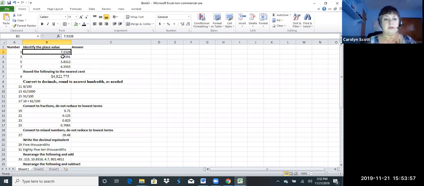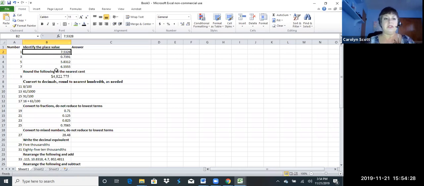Everything to the right of the decimal would be tenths, hundredths, thousandths, ten-thousandths. And to the left of the decimal, which you're probably more familiar with, you would have your ones place, tens place, and if you had 100, it would be hundreds place.